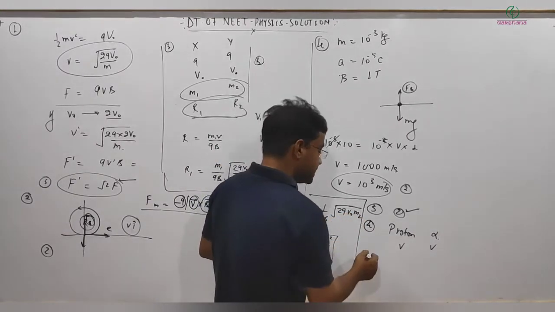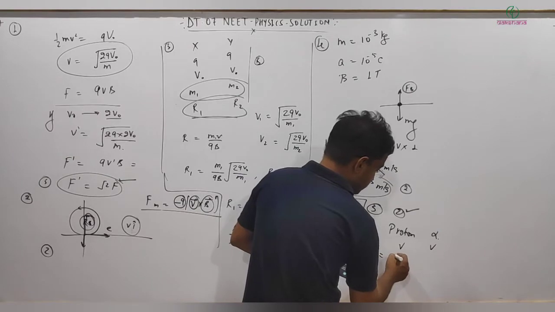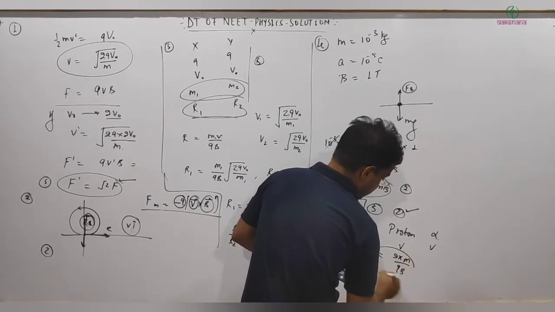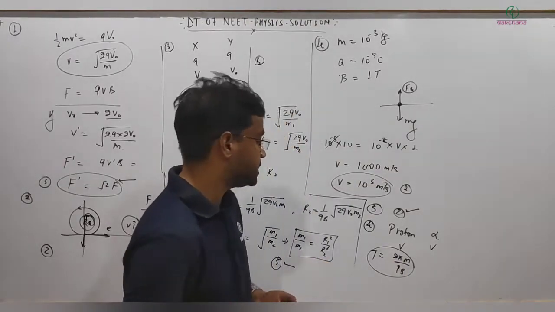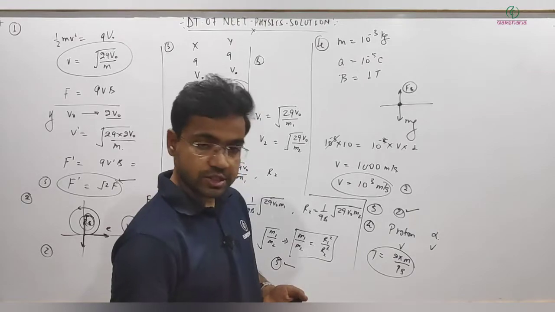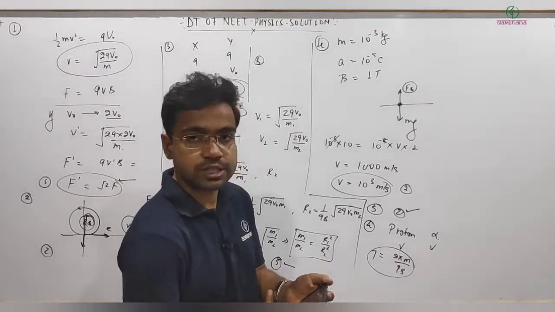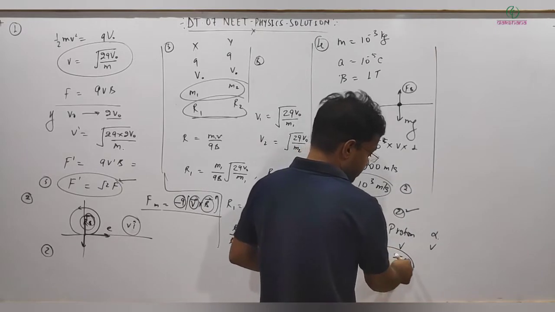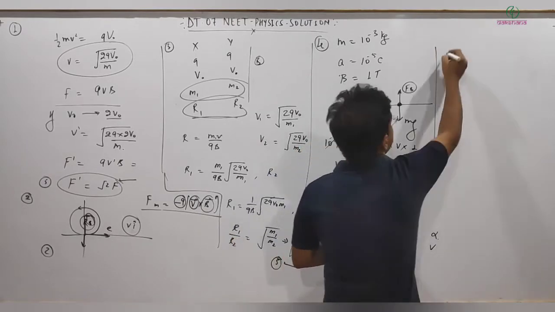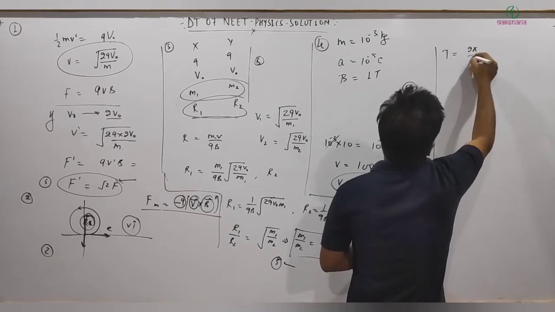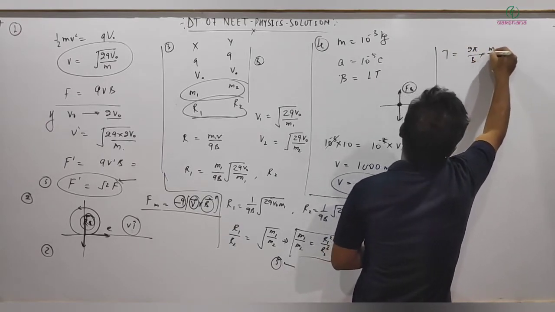So first, the time period is given by 2 pi m by qB. This is the time period, which is actually independent of velocity, and it's also given that velocities are equal. So time period depends on m by q, because T is equal to 2 pi, which is constant, divided by B, also constant, times m by q.